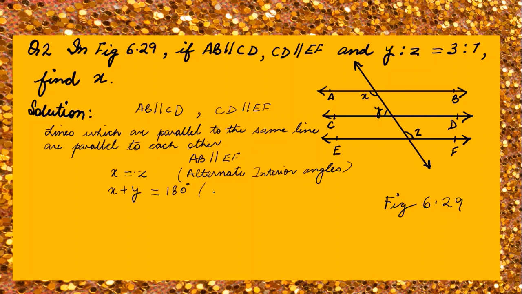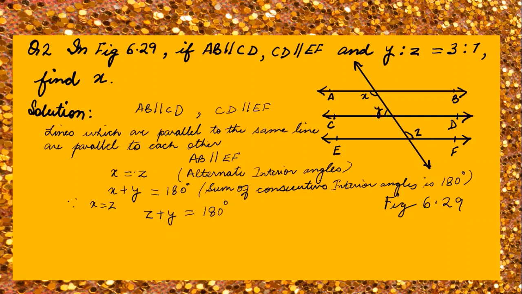Why? Sum of consecutive interior angles is 180 degree. Yes, so X plus Y is your 180 degree. But what we have said, since X equal to Z, then you can say Z plus Y is 180 degree.